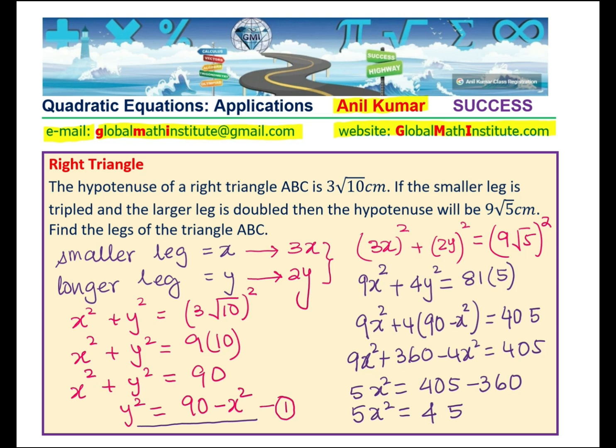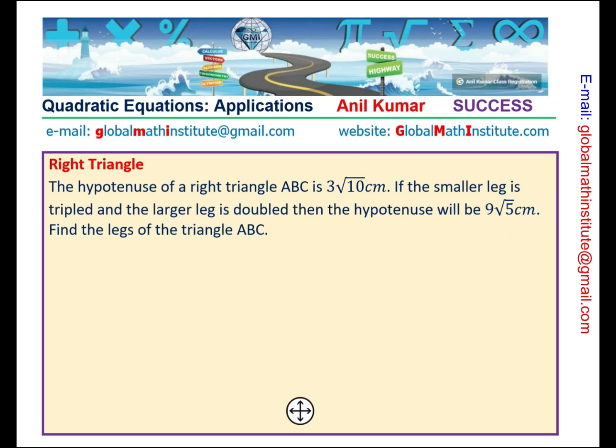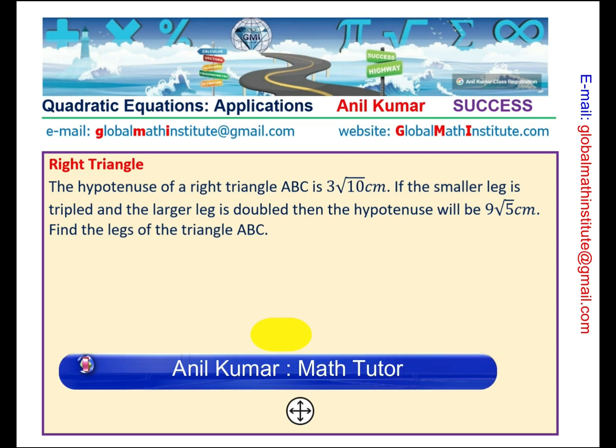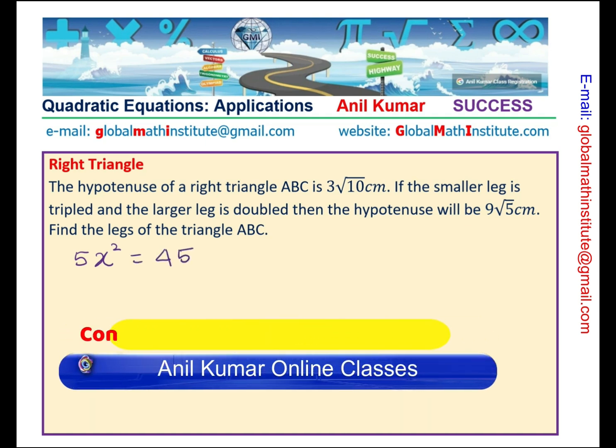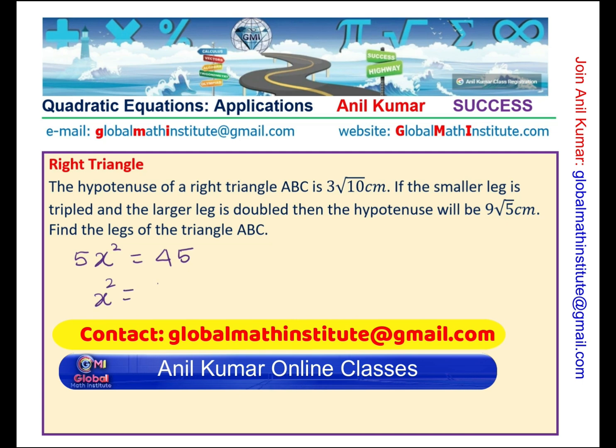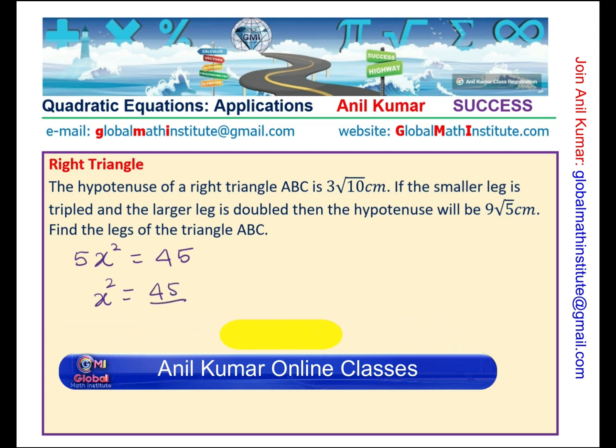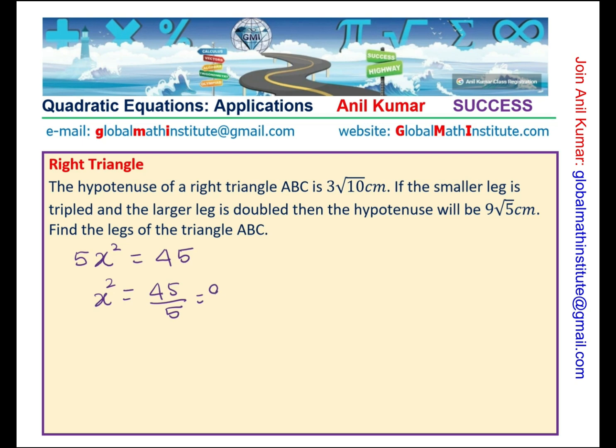Now let's take this to a new page to finally get our values, right? 5x square is 45. Dividing by 5, we get x square equals 45 over 5, which is 9.